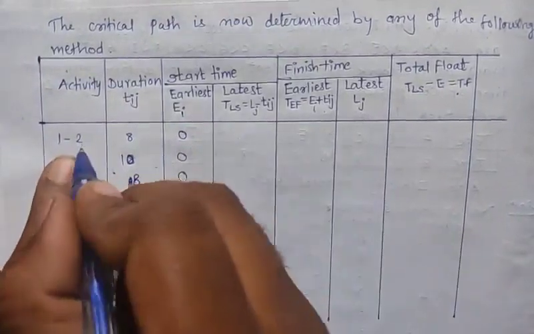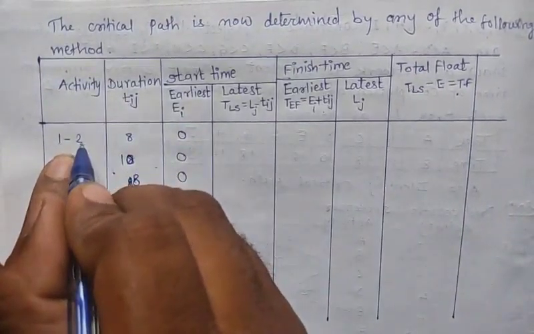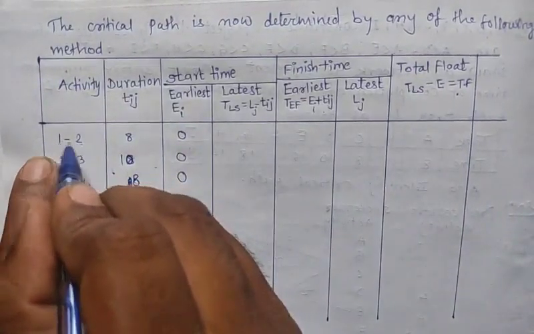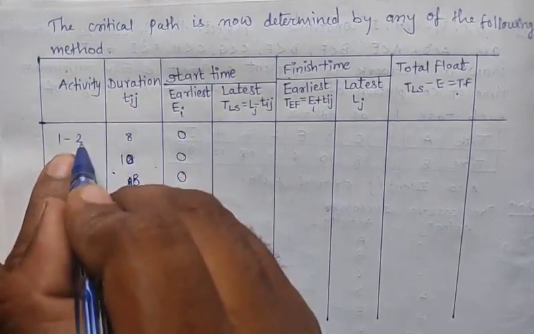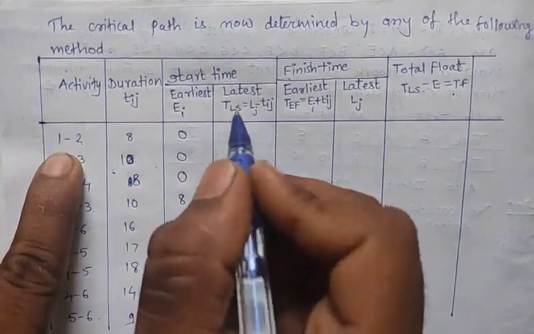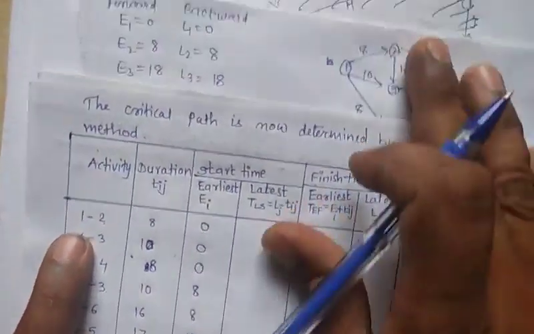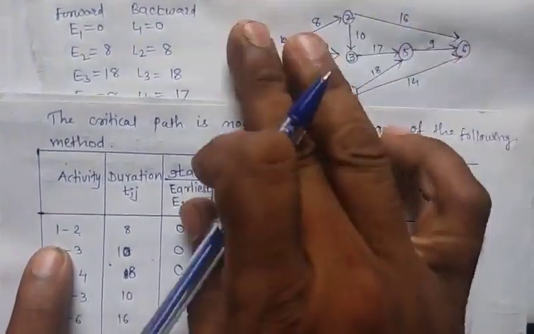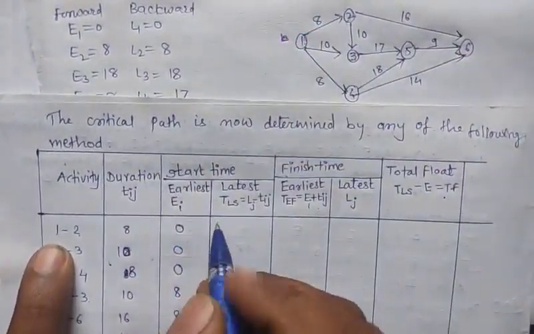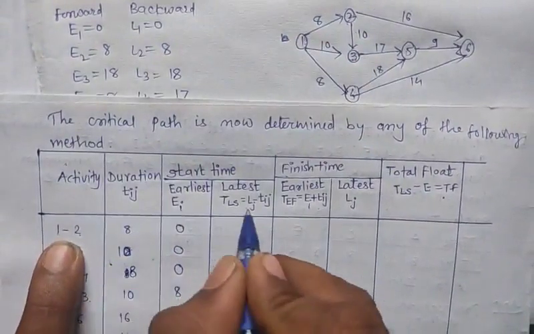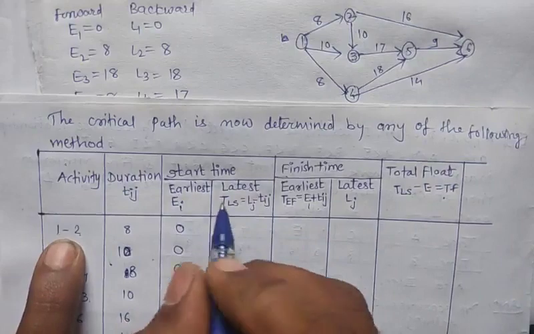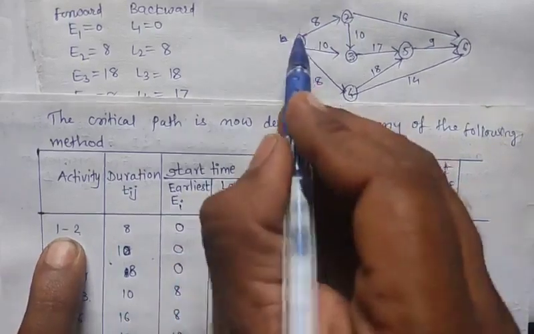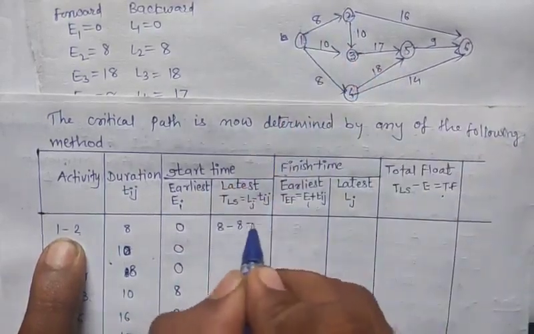Okay, now next calculate the latest TLS, which is equal to LJ minus TIJ. LJ means the value at the jth event. So L2 minus T12: the value of L2 is 8, minus T12 which is 8, equals 0.